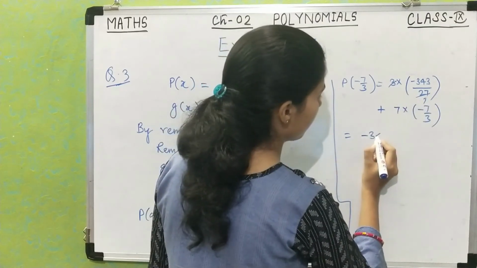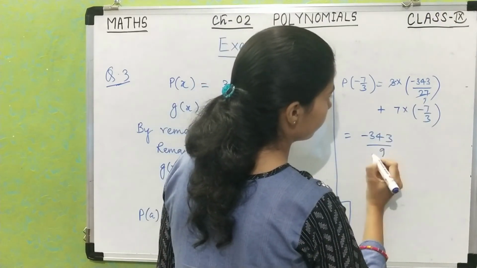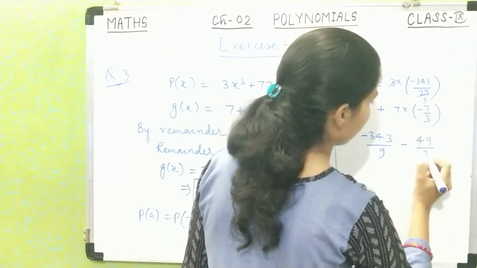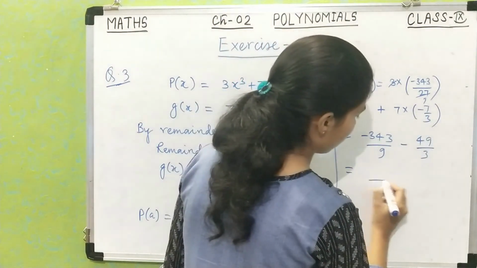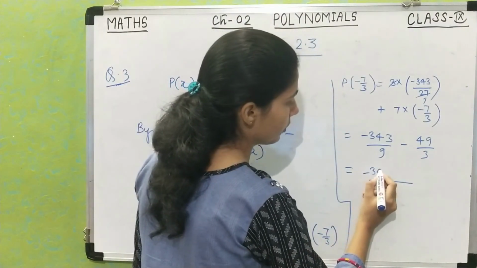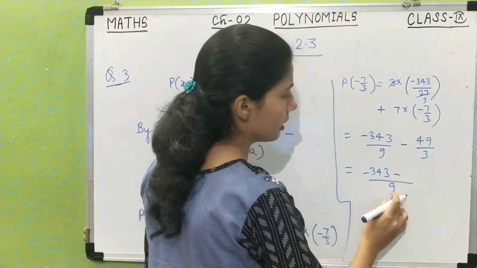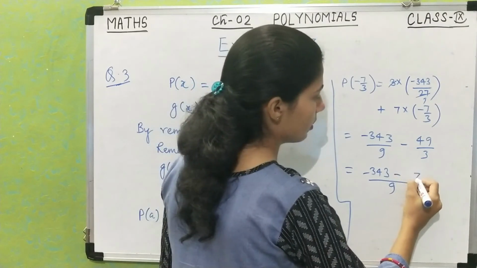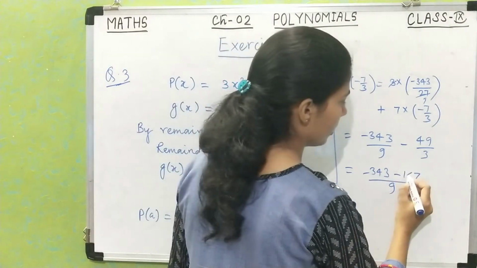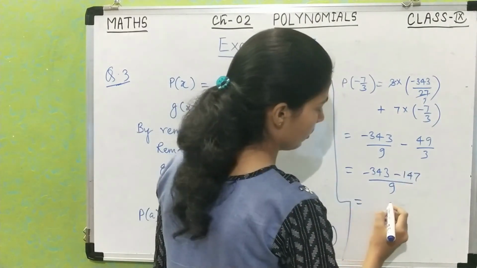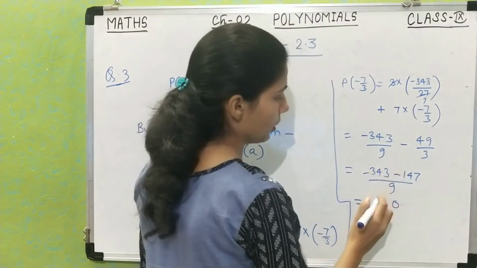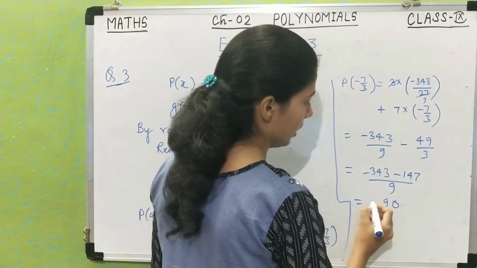So minus 343 upon 9, and this one minus 49 upon 3. Now if you take the LCM, then minus 343 minus 147, and adding up this gives 490, so minus 490 upon 9.